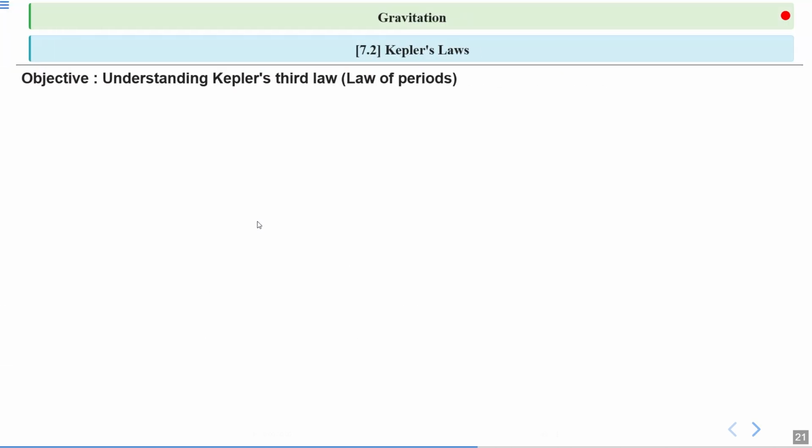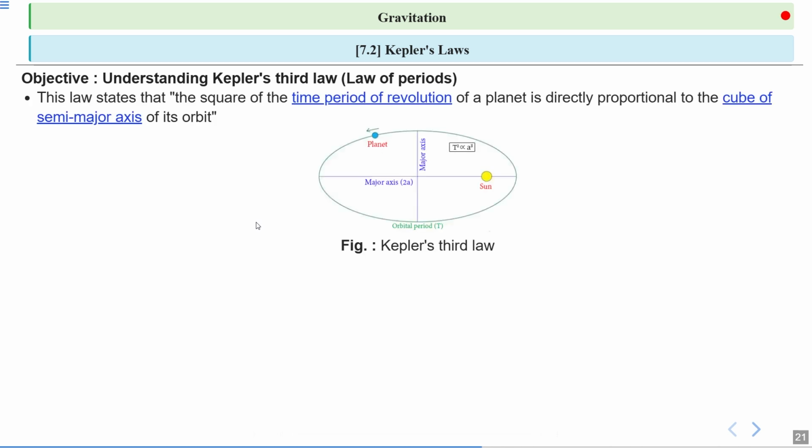We are going to explore Kepler's third law, also known as the law of periods. This law states that the square of the time period of revolution of a planet is directly proportional to the cube of the semi-major axis of its orbit. Mathematically, we can express Kepler's third law as T square is directly proportional to a cube.